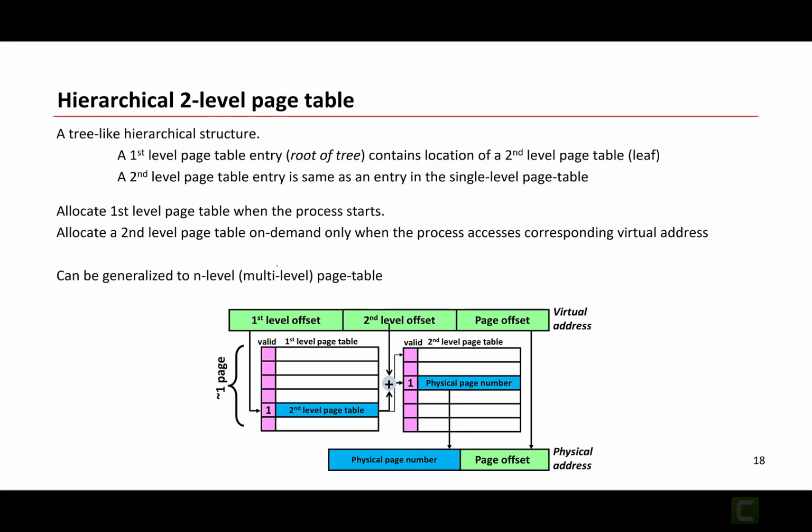Okay, so now let me summarize the discussion that we just had about hierarchical page tables. What we discussed so far is a two-level page table, and you can think of it like a tree-like structure where the first level page table is the root, and it contains the address to the second level page table.